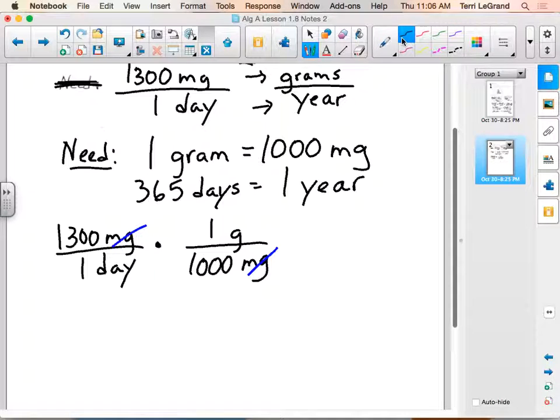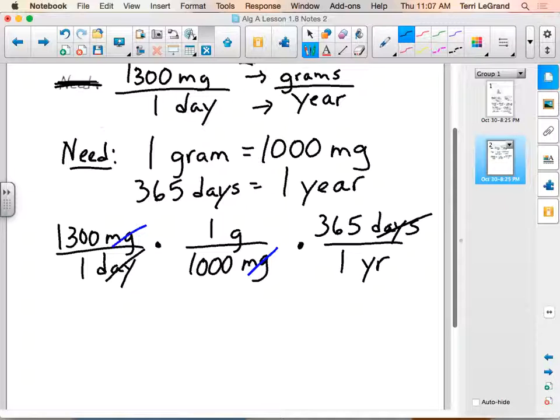Then we're going to multiply by our other conversion factor. We have days and years. Days should be on top, because they're on the bottom over here. So we need 365 days over 1 year. Now our day label can cancel away.